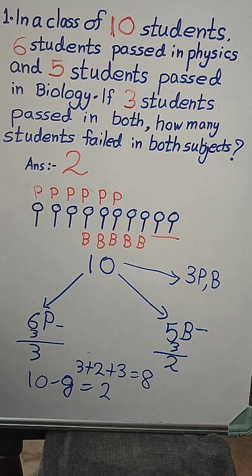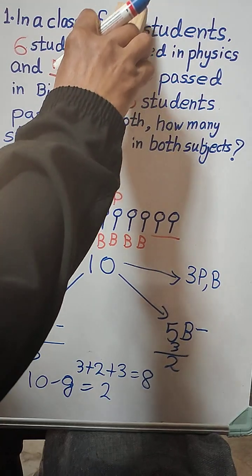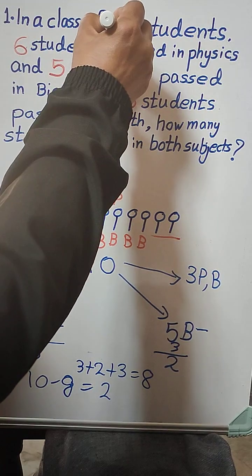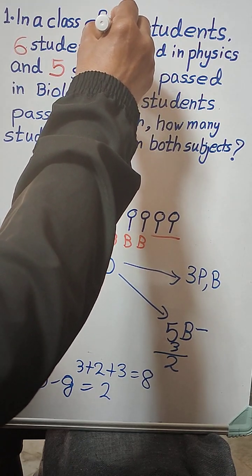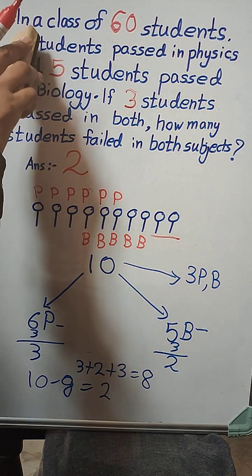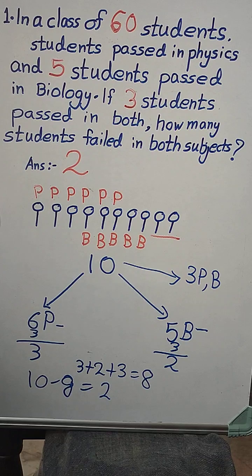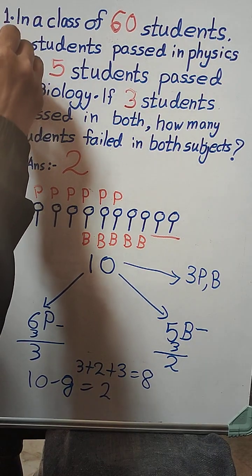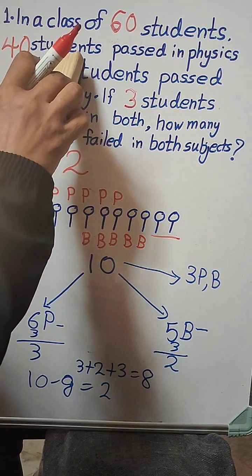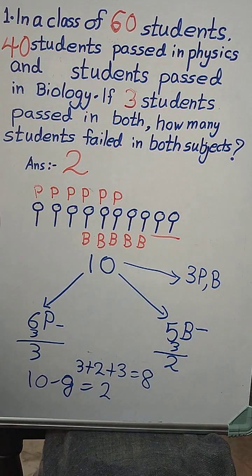Let us find another question. In a class of 60 students, 40 students passed in physics and 35 students passed in biology.